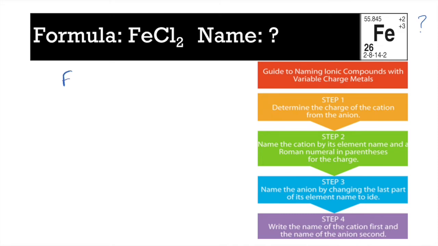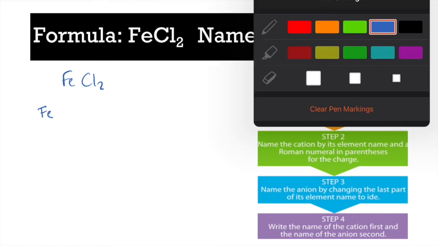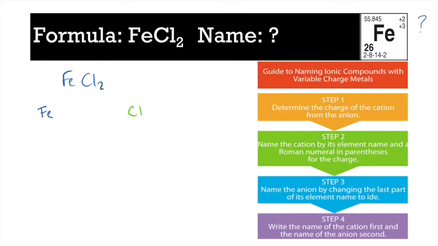We have this formula, so let's make Fe blue, and let's make Cl green. With Fe in our formula, we have one of them, and we don't know what that charge is, so let's make that X.